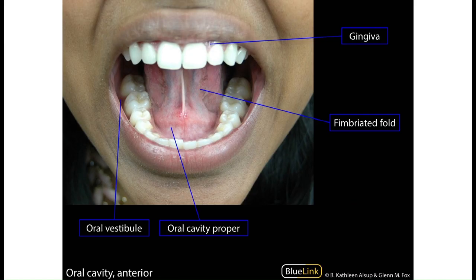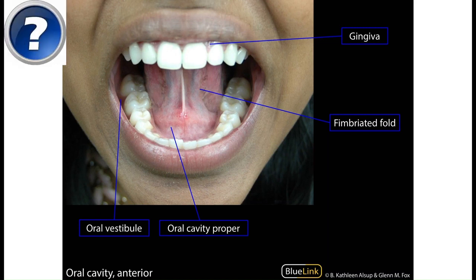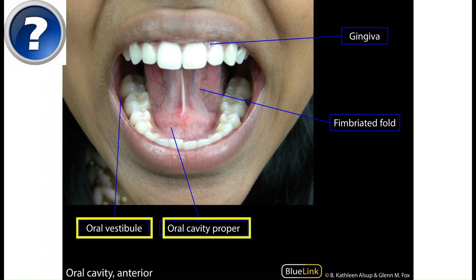How can we make use of this slide? It is an open mouth with the tongue elevated, and you can see the lower arch of the teeth very well, and we have the oral vestibule and the oral cavity proper. Which one is which?